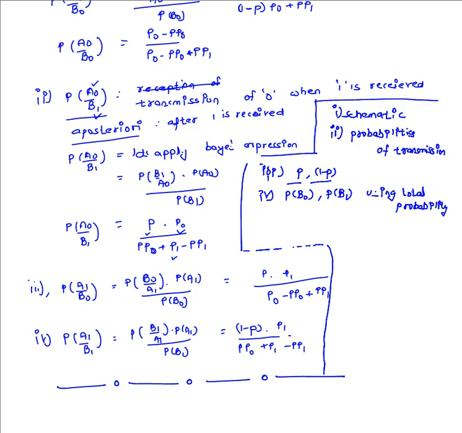And then we have calculated the 4 a posteriori probabilities: the probability of transmission of 0 when 0 was received, the probability of transmission of 0 when 1 was received, the probability of transmission of 1 when 0 was received, and the probability of transmission of 1 when 1 was received. These 4 a posteriori probabilities we have also calculated using Bayes' theorem.